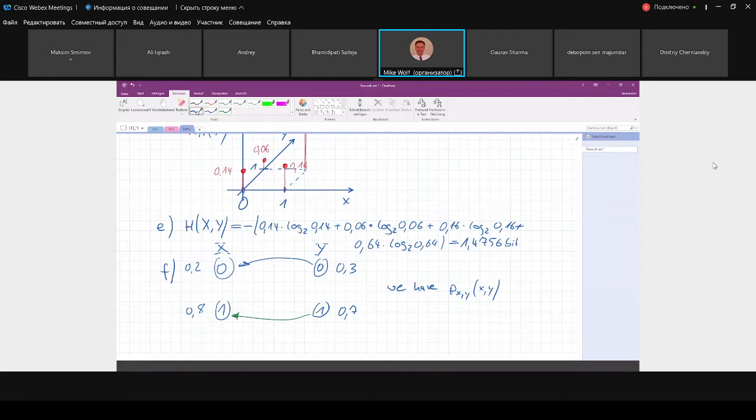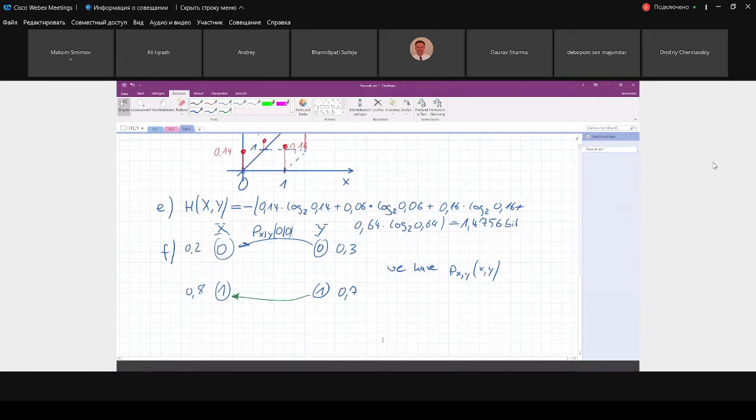So we're looking for p of x given y, of 0, 0. Try to find this. We have the joint probability, so it's quite easy to calculate. Just try it on your own. You are quite fast. Are these the probabilities? Yes, it's correct. But I give the others some time.